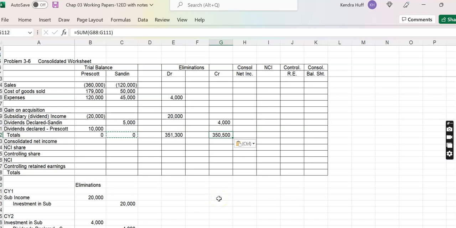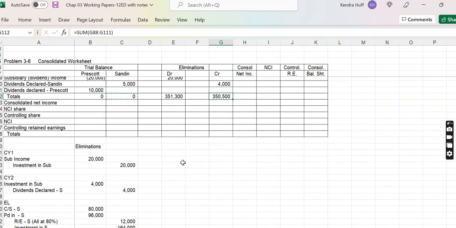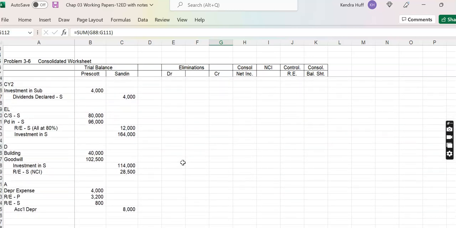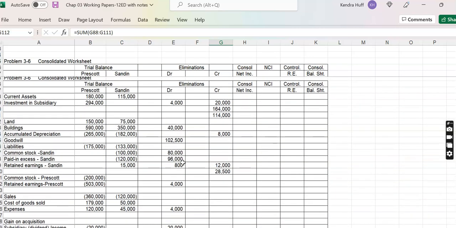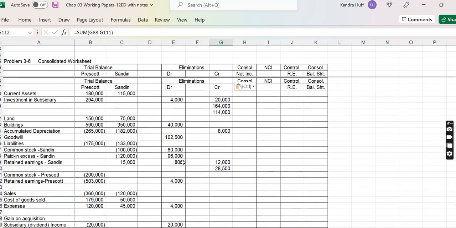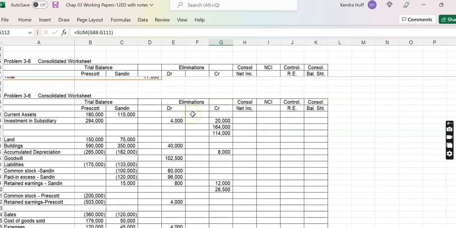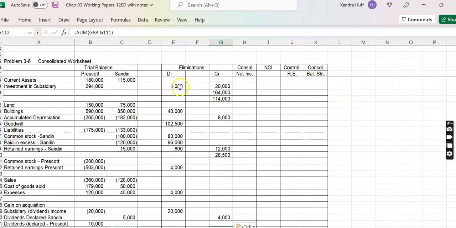Oh, it should be the 350. So what did I do? Here's the building. Here's the investment.